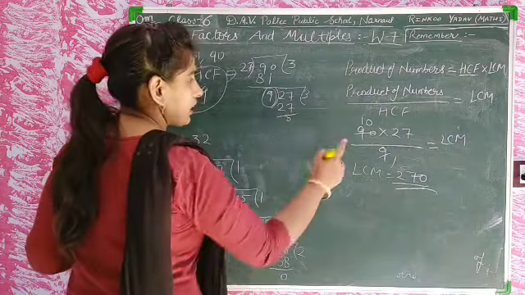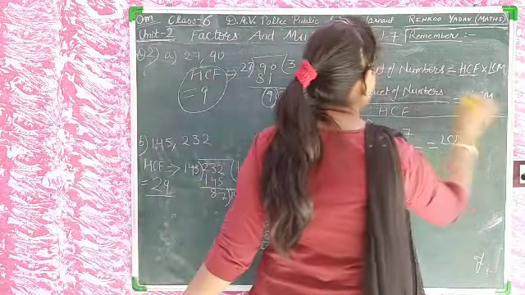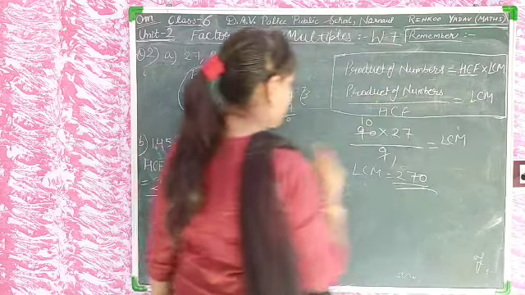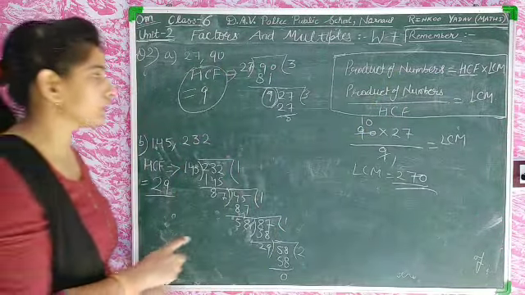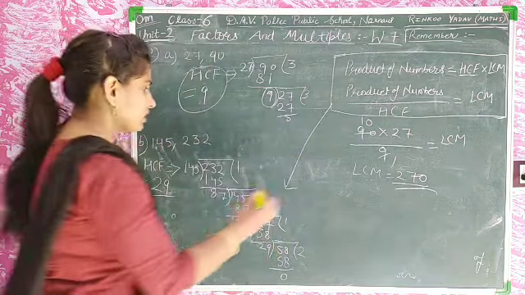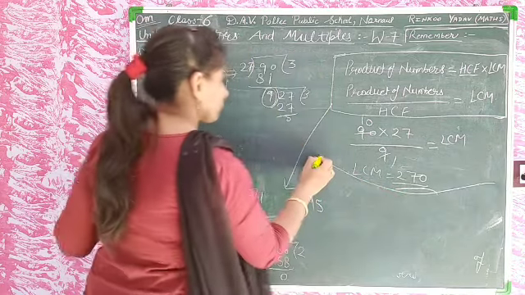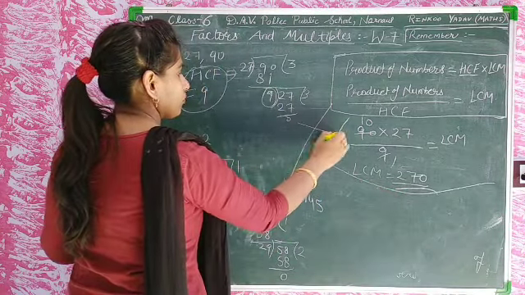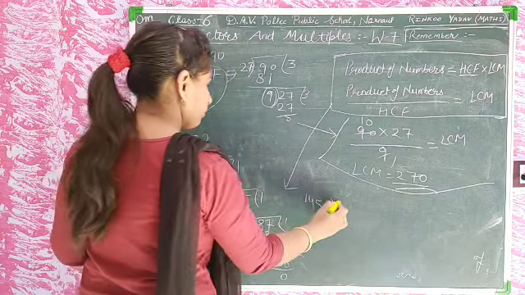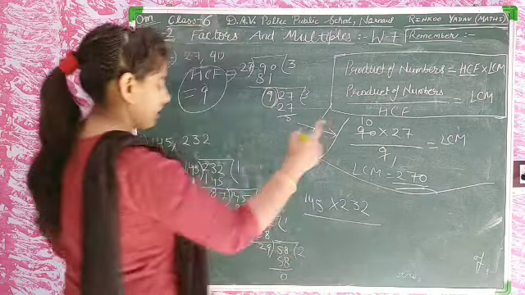Now to find the LCM, we do the same here. This will be the same in all the questions of this part. Is this clear? Now we are doing the product of the two numbers. It means 145 into 232, and it is divided by the HCF.